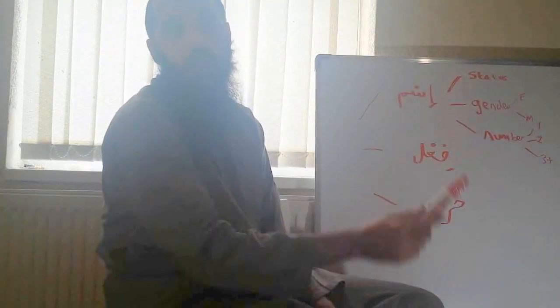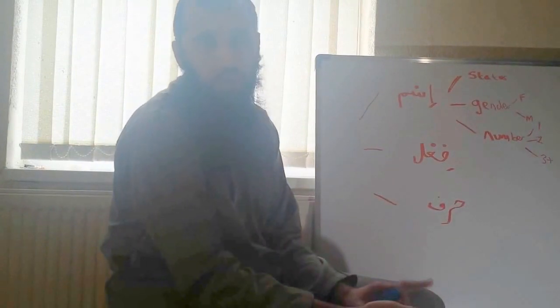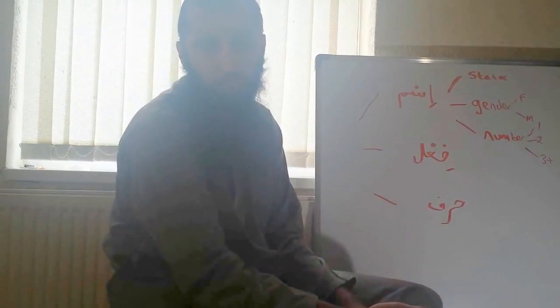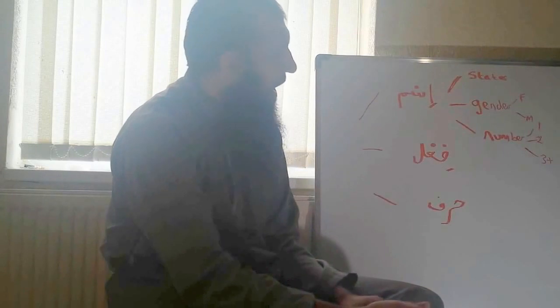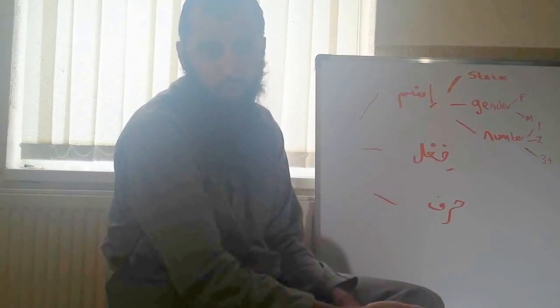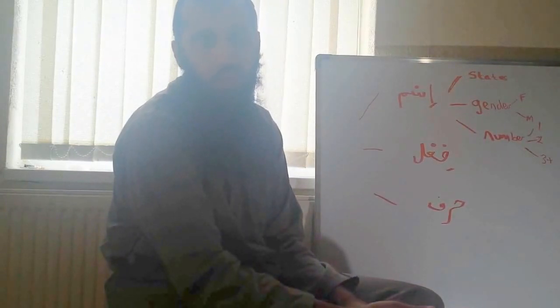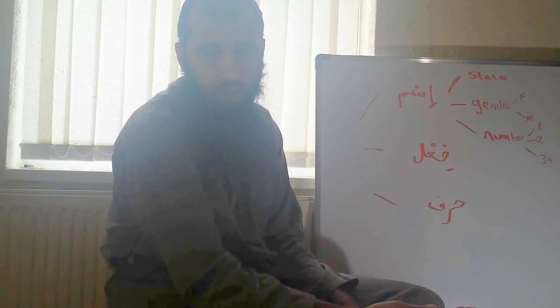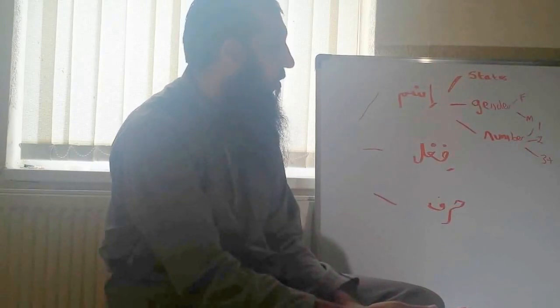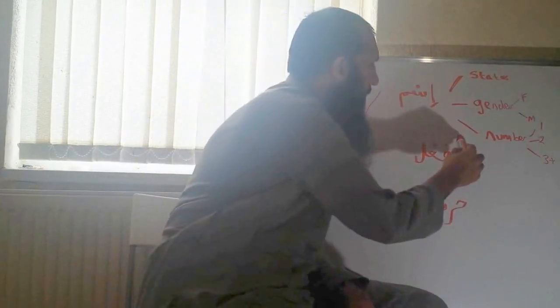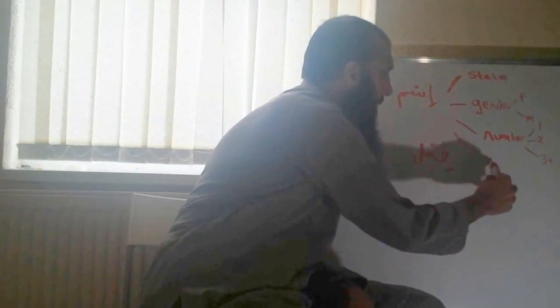In English you'll have 1 and 2 plus, so 1 singular, and anything more than 1 would be plural. However, in Arabic you have 1, you have 2, and then anything more than that, i.e. 3 and plus, then that is plural.